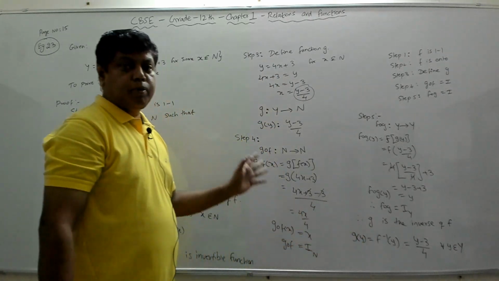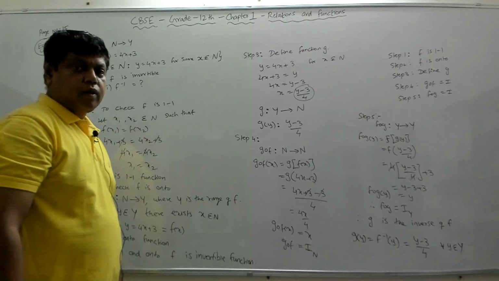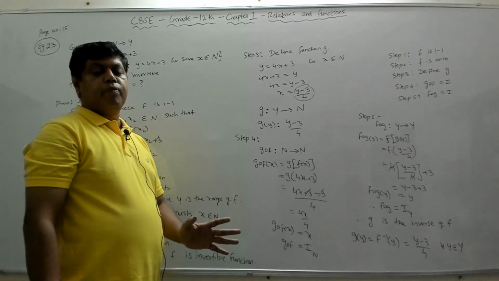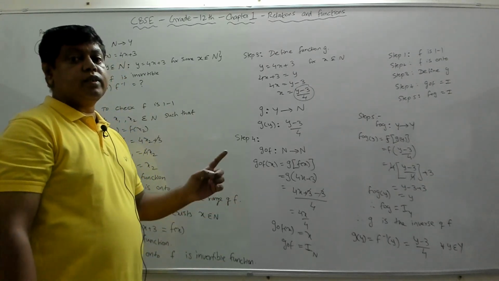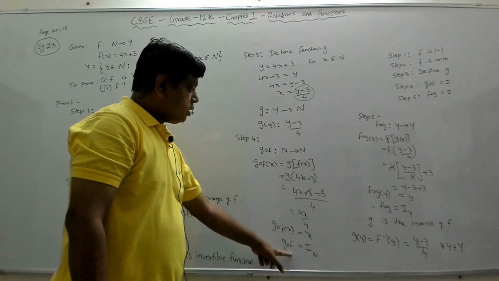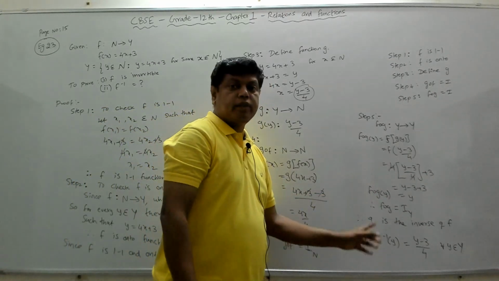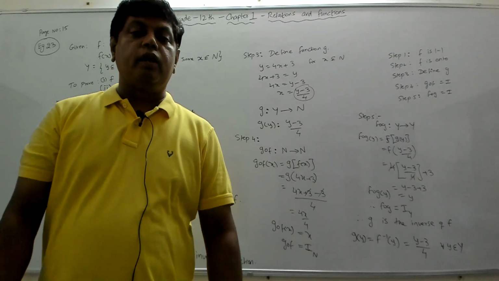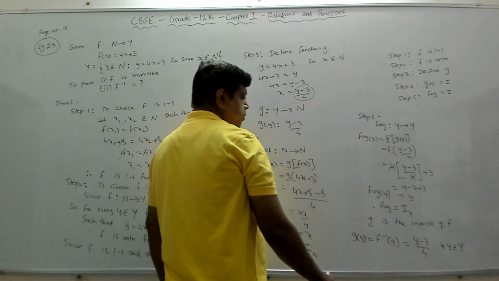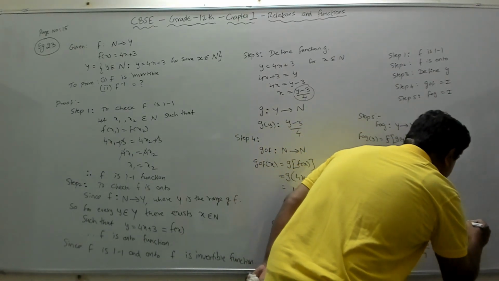Then, as per the definition of an invertible function: if f is a function from X to Y, then f is said to be invertible if there exists a function g such that f of g equals I and g of f equals I. Then g is called the inverse of f, which means g is equal to f inverse.